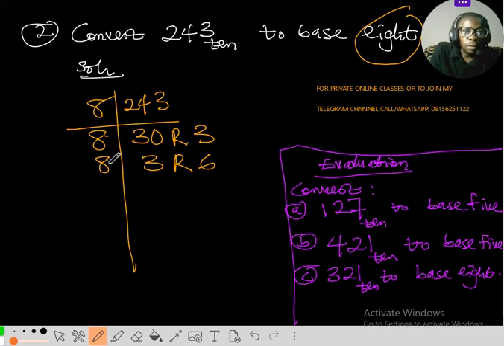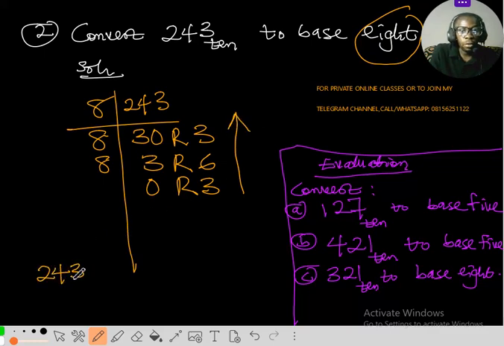Again, divide by 8. 8 in 3 is impossible, so that is 0. Then what is the last number that's remaining here? 3. So what do we do here? Read this up. Therefore 243 base 10 is the same thing as, reading from the last part, 3 followed by 6 followed by 3, which is in base what? Base 8. So that is the conversion.